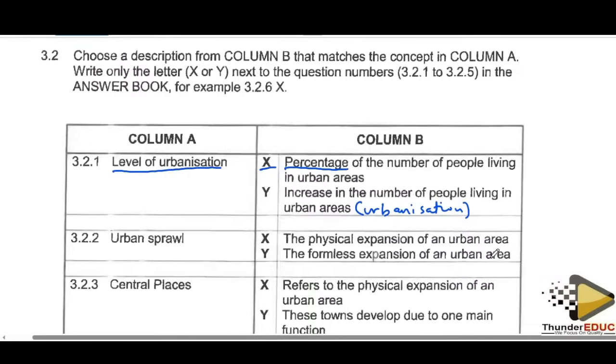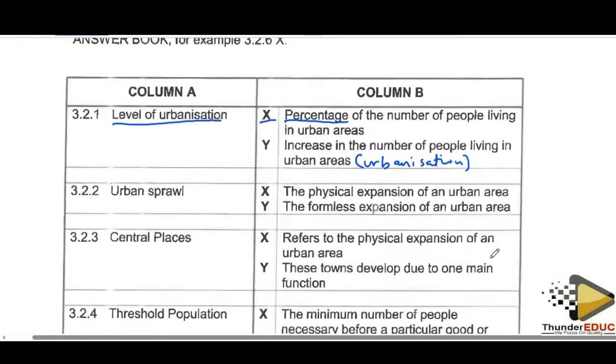3.2.2, urban sprawl. X, the physical expansion of an urban area, and Y, the formless expansion of an urban area. So you're going to take Y because the physical expansion is the same as urban expansion. However, urban sprawl is the formless expansion.